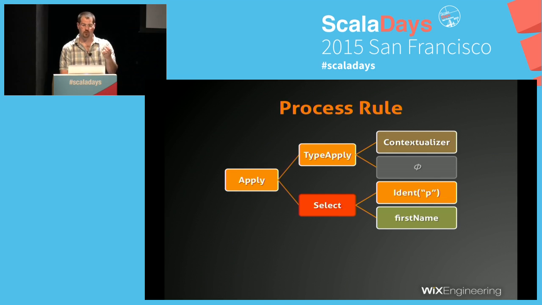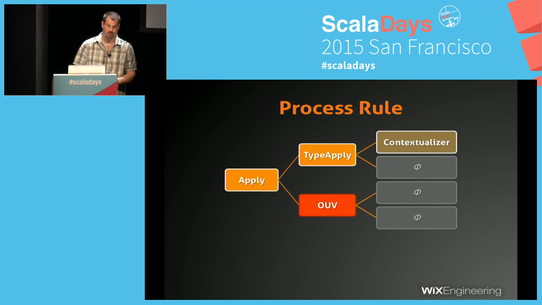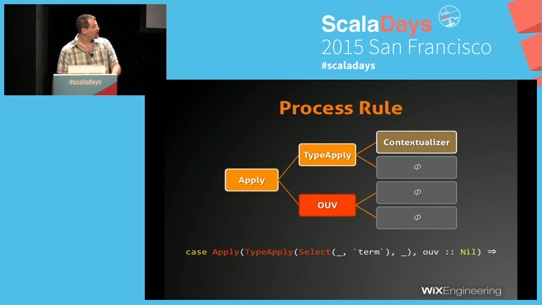This is the root of the subtree that gives me something I can use to describe the object under validation. So I don't care about those other things as well. I just need to get at what is abbreviated to be OUV, or object under validation. So I can literally pattern match. I can take in a tree and I can pattern match over it with straightforward Scala pattern matching, right?